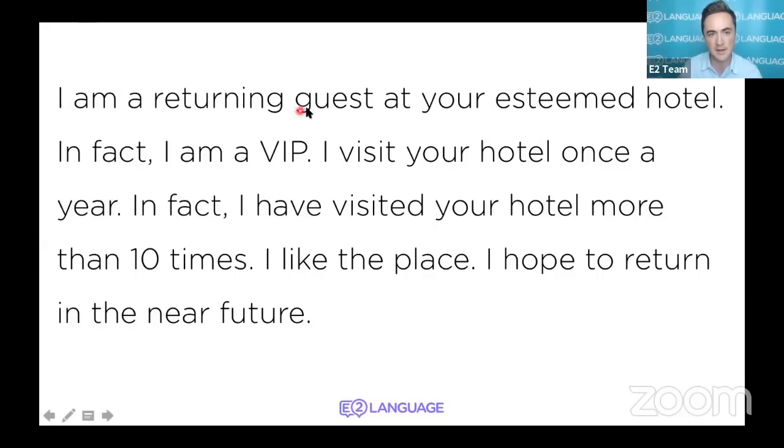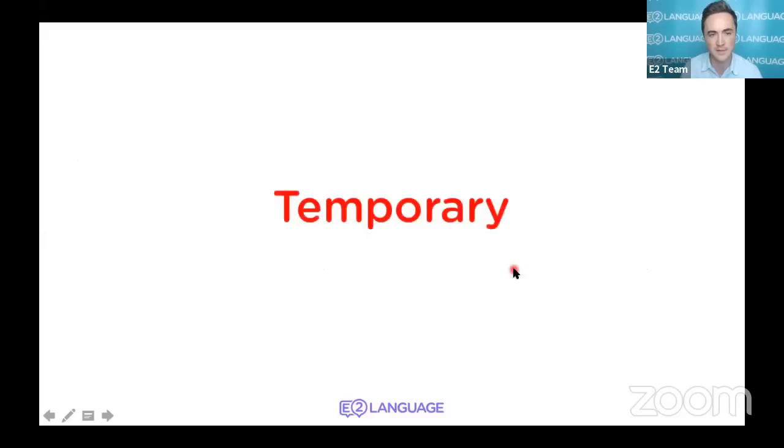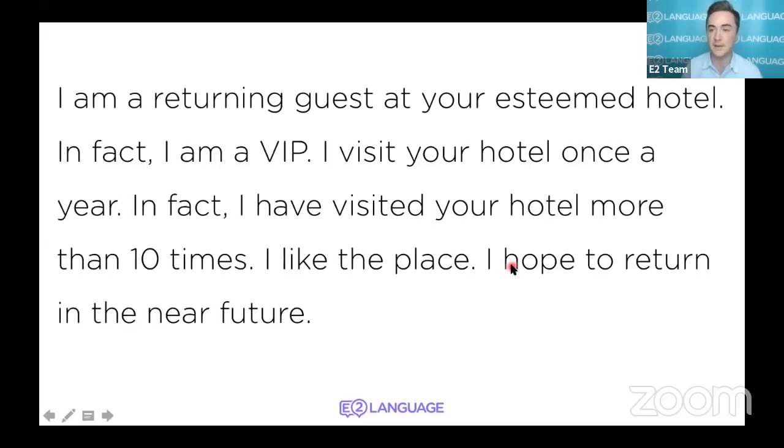I am a returning guest at your esteemed hotel. In fact, I am a VIP. I visit your hotel once a year. In fact, I have visited, that's a bit different, your hotel more than 10 times. I like the place. I hope to return in the near future. There you go. I didn't write the answers. So what are they? Am, visit.